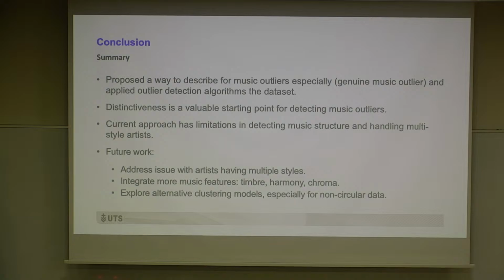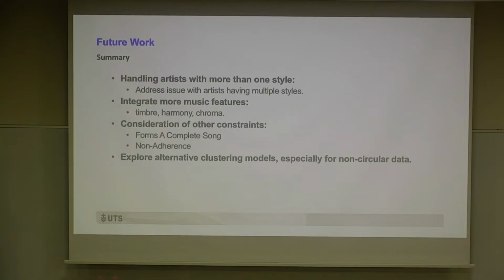We also found our current approach has some limitations, especially on detecting music structures and handling artists who have multiple styles, and also handling outliers that share a common boundary between two dominant styles.